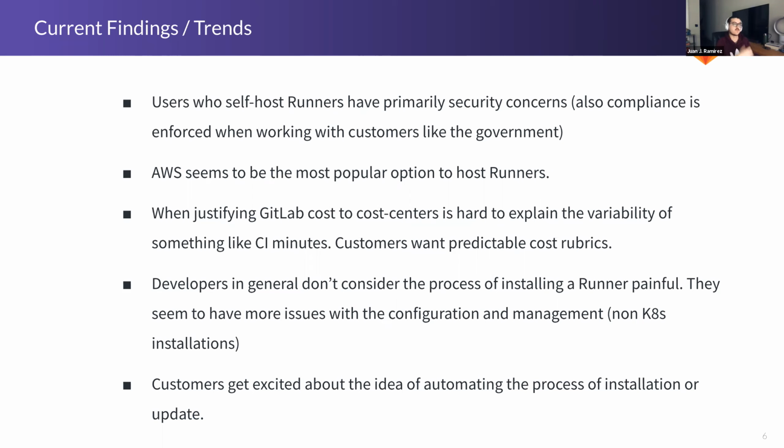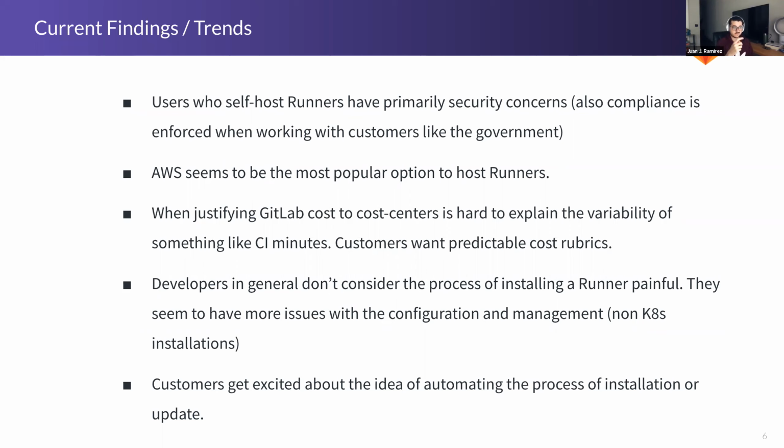It's very hard for people to say, oh yeah, we have this thing that's called CI minutes, and we don't know how many of those we're going to use this month. We could be using 5,000, so that's going to be, I don't know, $100 more per month, or there's going to be a month in which we're not going to be paying for CI minutes. So people like that they have that flexibility of the CI minutes, but they cannot justify that to their cost centers and to their bosses.